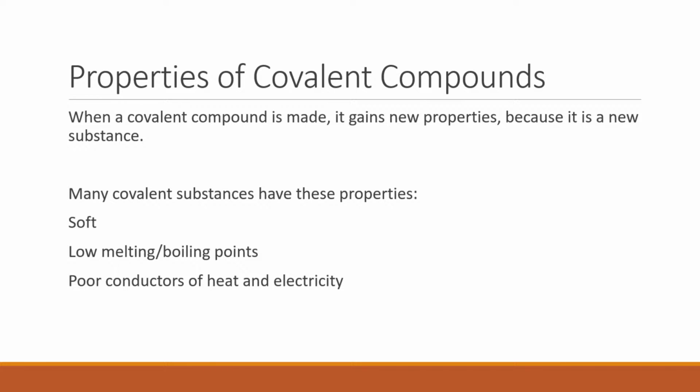Covalent properties pretty universally have these things in common. They are soft with low melting points and boiling points, and they are bad conductors of heat and electricity. You'll notice that these are pretty much the exact opposite of some of the properties we had for ionic compounds, where ionic compounds are hard with high melting and boiling points, and they are good conductors if aqueous or liquid.